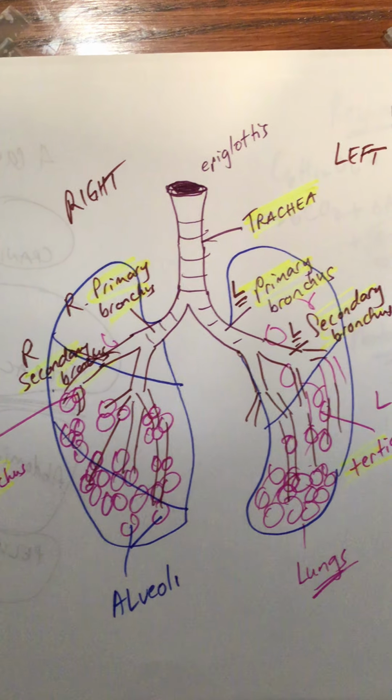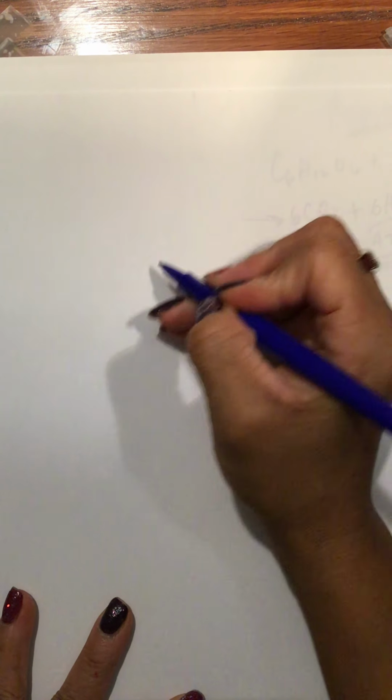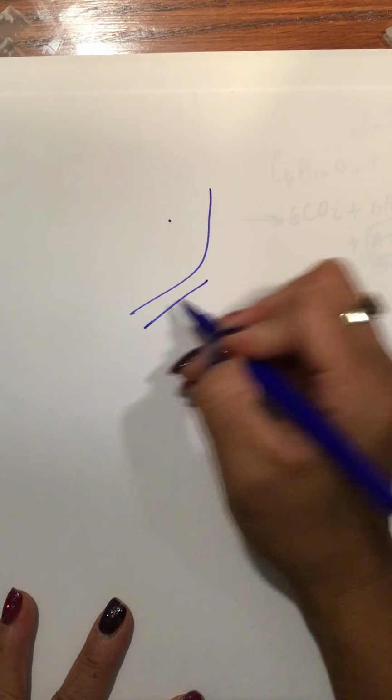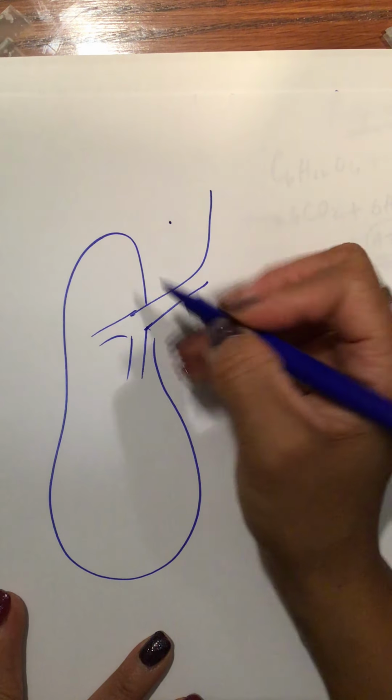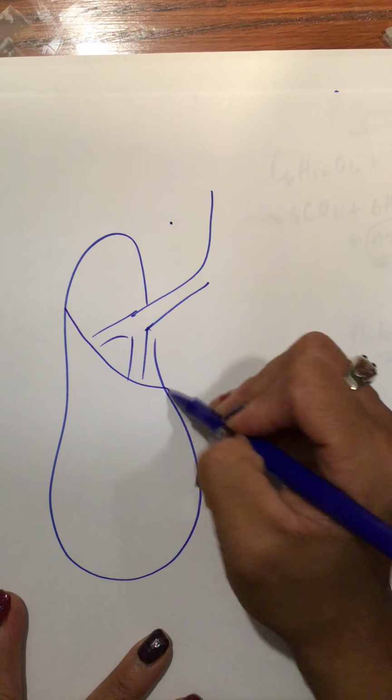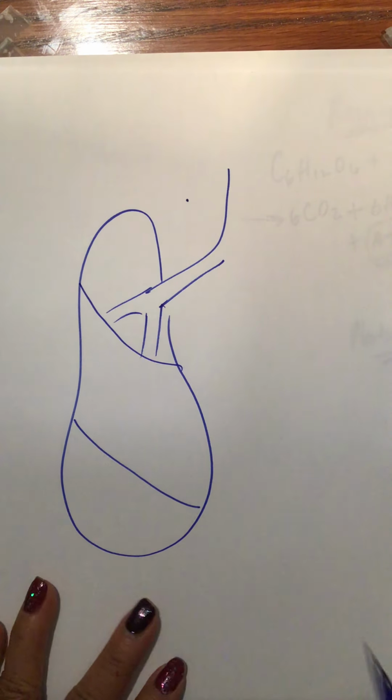Now let's take a look at the lungs itself. So when you look at the lungs, I'm going to redraw one of them here. So here is the lungs. Oh, okay, well, right there.